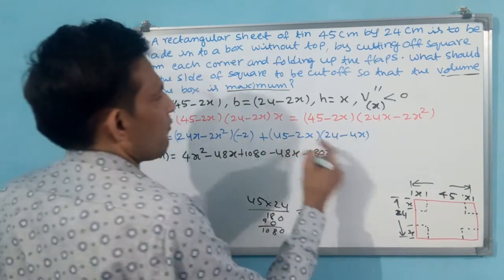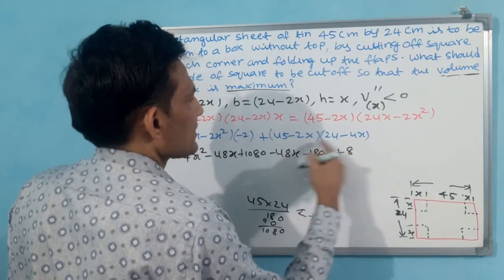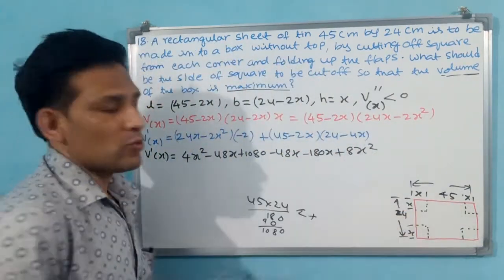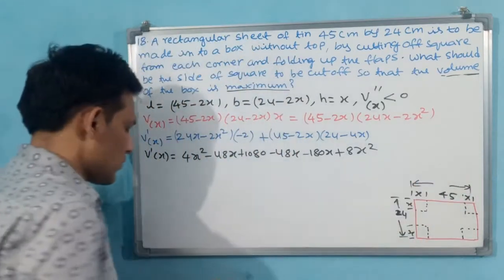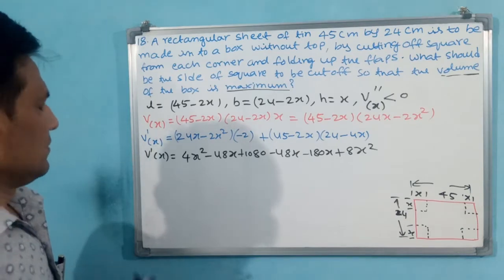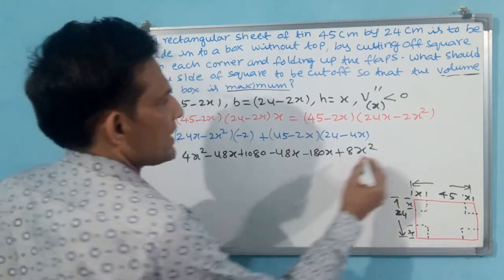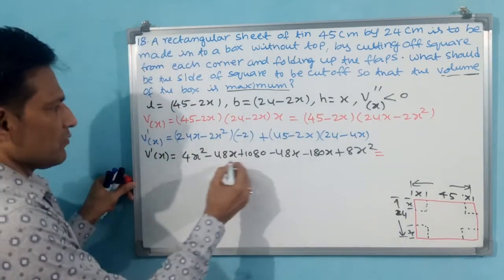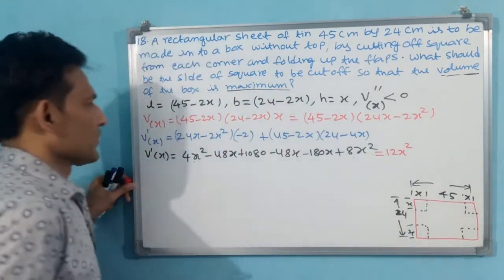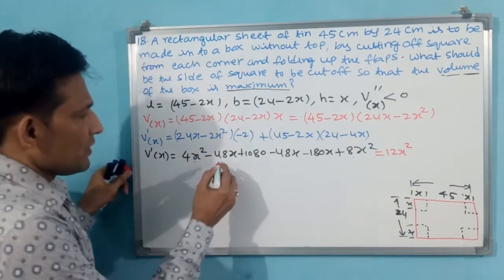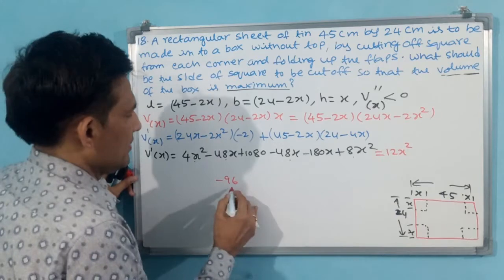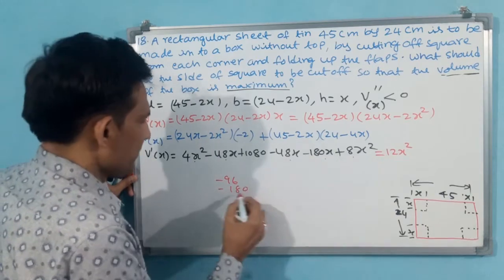Then plus 4 into 2 is 8x into x square. How many x squares are there? 4x square, 8x square, 12x square. Then x terms: minus 48x, minus 96x, again 180x.